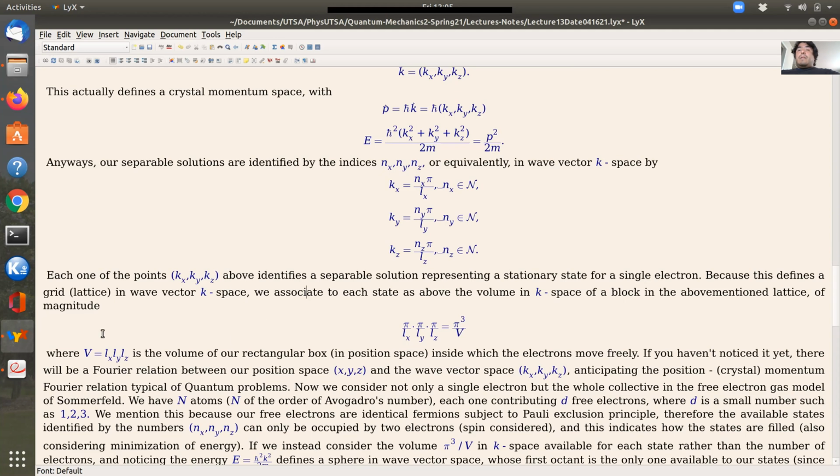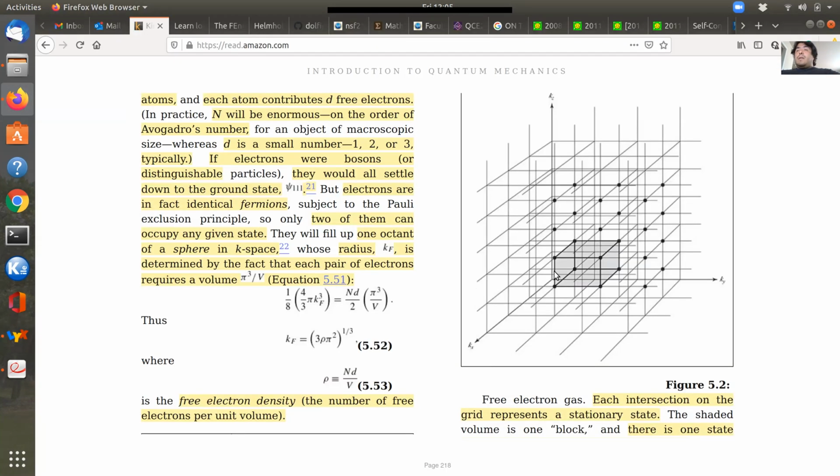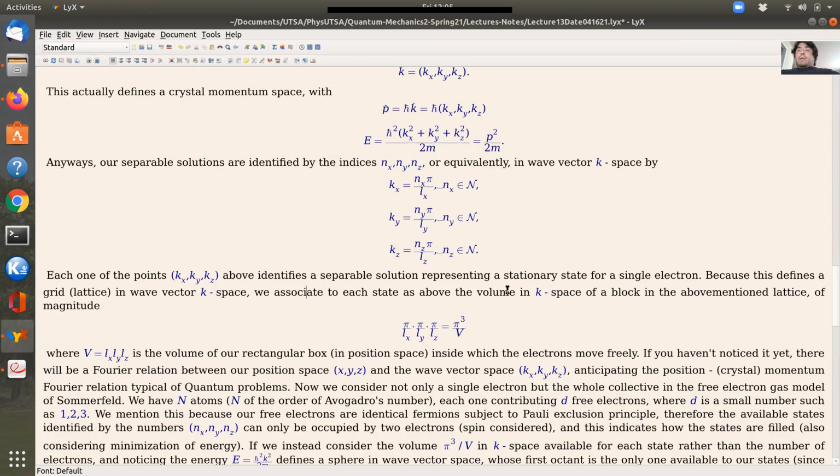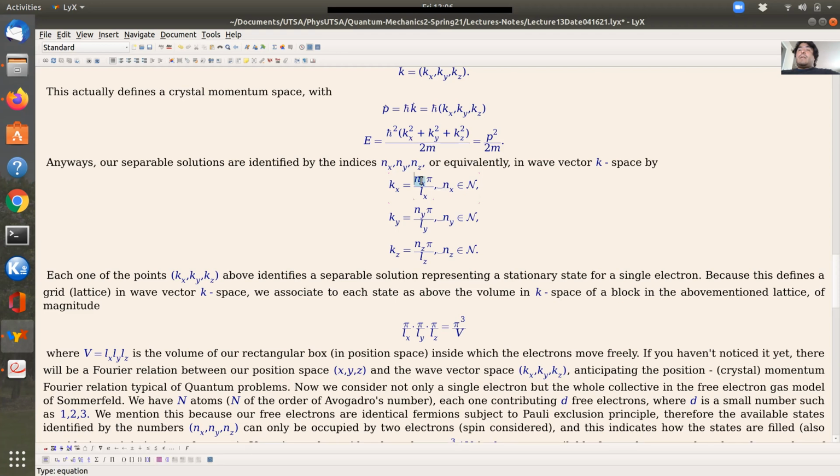And most importantly, because they are organized in a grid, what we can do is to associate to basically each solution a certain volume element in the k-space, you know? So we can identify each one of these volumes, because, basically, think that when you go from a cell to the neighboring one, you simply change one of these natural numbers by one.